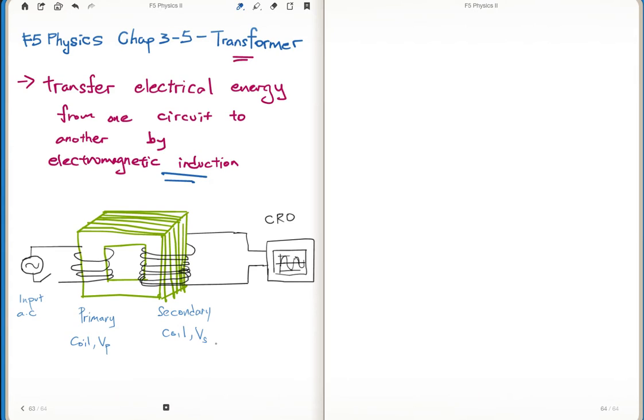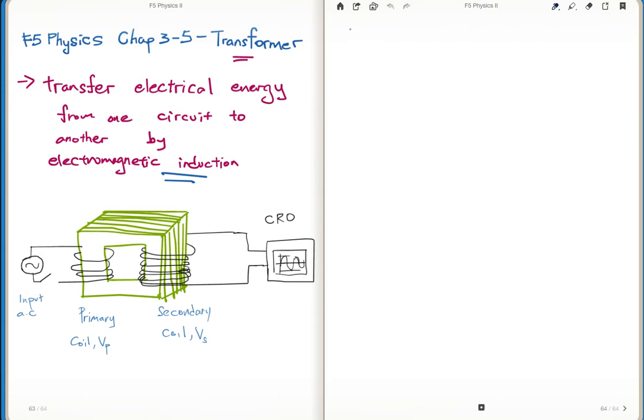Experimentally, what happens if you were to plot a graph, normally in Paper 3? They will ask you to plot a graph. What you need to do is prove that the primary and secondary coil numbers and the voltages are the same in terms of ratio.